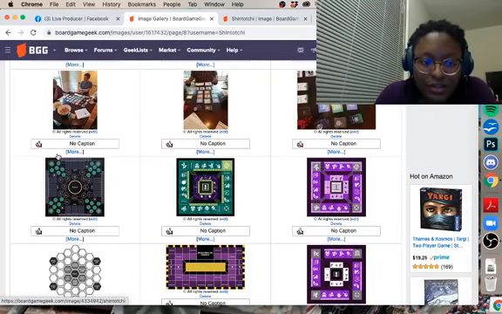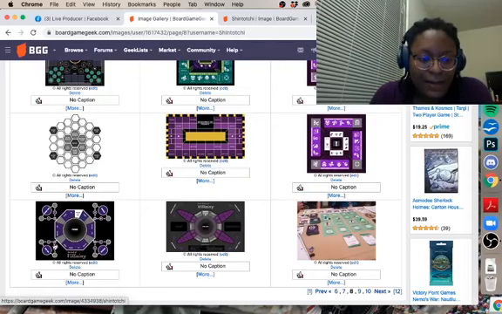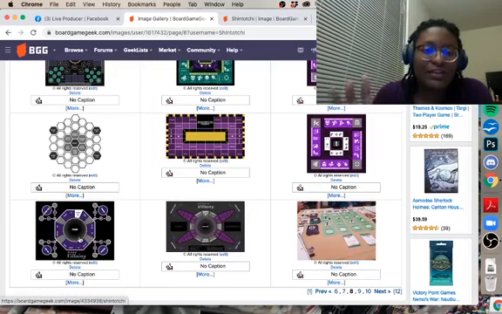So I mentioned them before when my screen was not sharing, but Book of Villainy started out with just this roll and move mechanic where players were going around collecting different outfits for their villains, and they were trying to create the coolest villain and eventually get enough points to get the Book of Villainy.